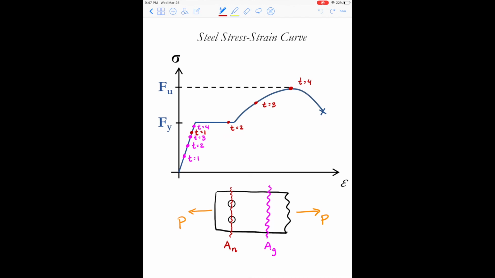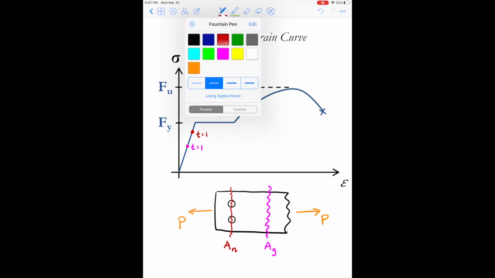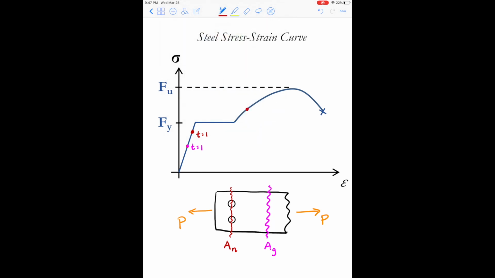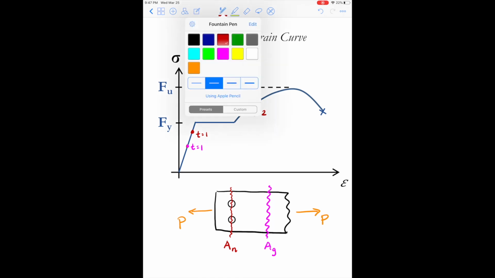Now we're going to undo this, and we're going to take a look at a case where yielding would control. Say for a particular member geometry, at t equals 1, here's our state of stress in both the net section and the gross cross section. But now they're a little bit closer together because maybe the hole diameter is a little bit smaller, or maybe the width of the member is a little bit bigger.